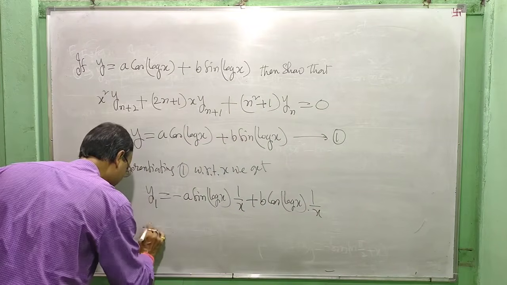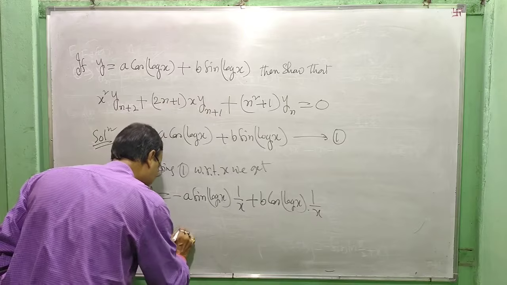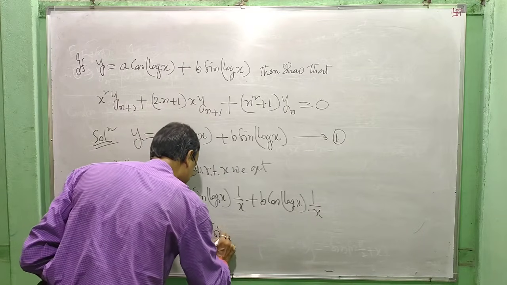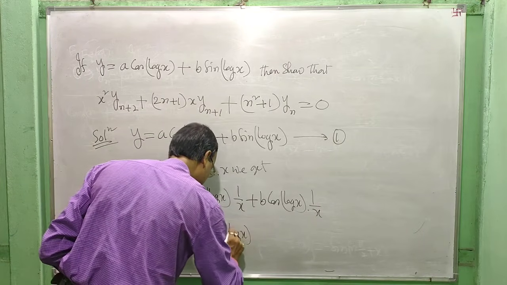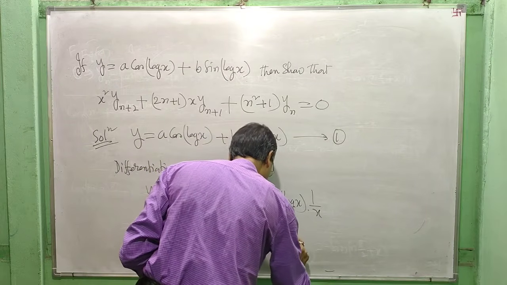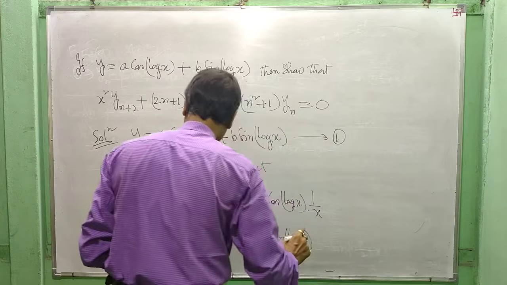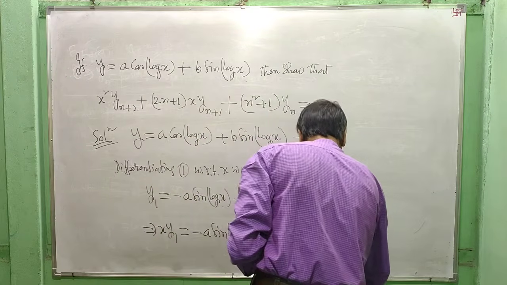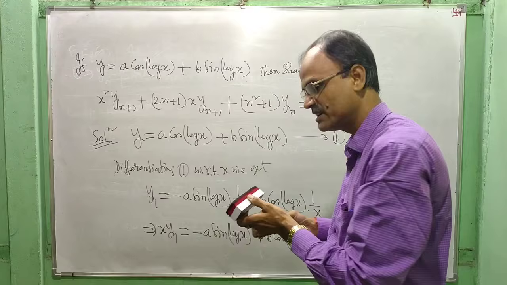This means x y1 is equal to minus a sin log x plus b cos log x. Suppose this is number 2.